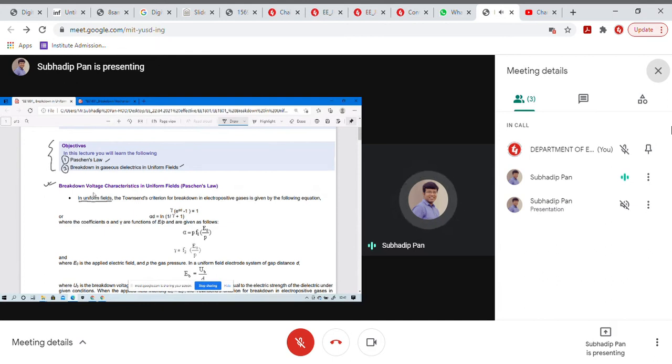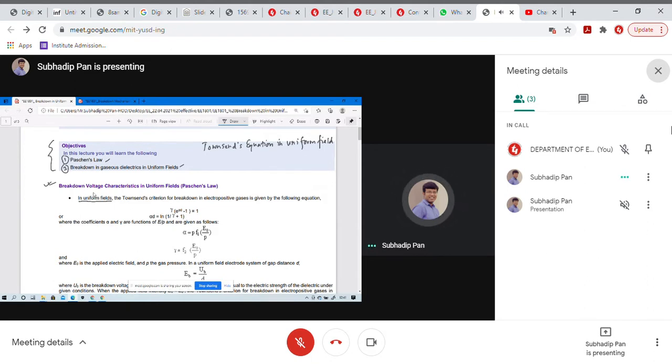We already know the Townsend equation in a uniform field, and we will see what the equation for the breakdown criterion will be.